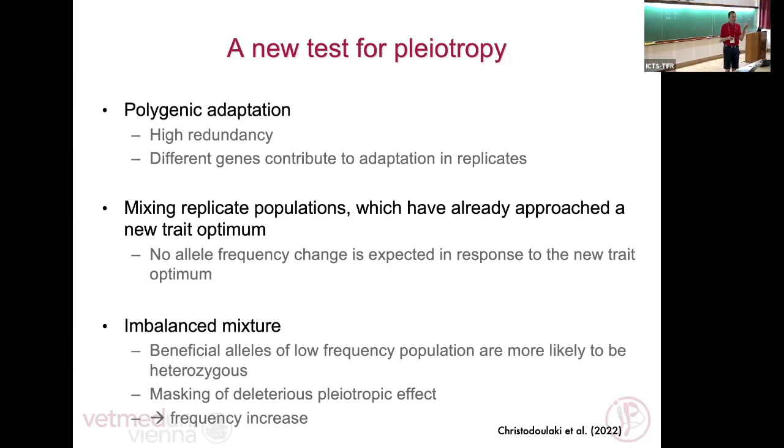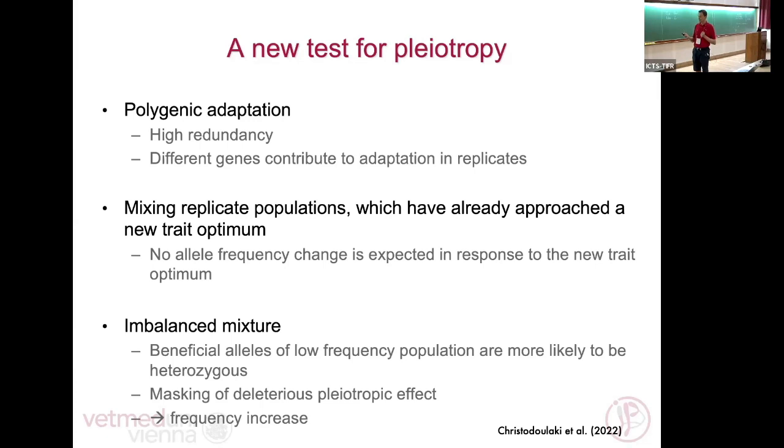The alleles that were adaptive in the immigrant population will be at low frequency in the mix. Does everybody follow me? So we have different frequencies of the adaptive alleles. As a consequence, if these alleles are not fully dominant, they will be differently masked, because the low frequency alleles are more likely to be heterozygous. So they're more likely to be masked by one of the other alleles from the other population.